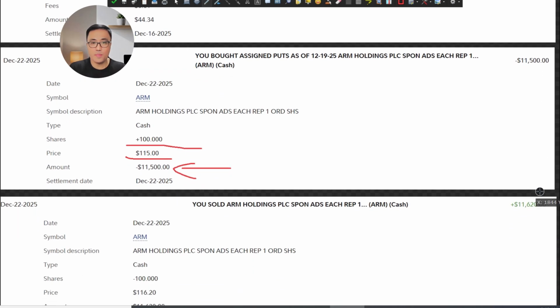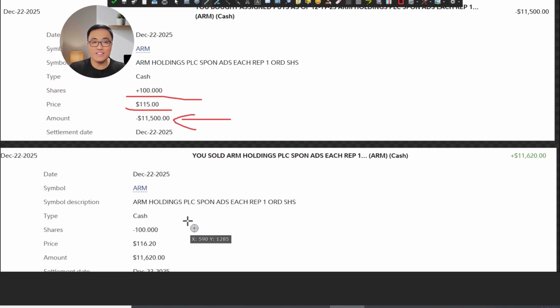And so I decided to sell the shares that I was assigned for $116.20, which means the difference, 116.20 minus 115, gave me a difference of 1.2 times 100.